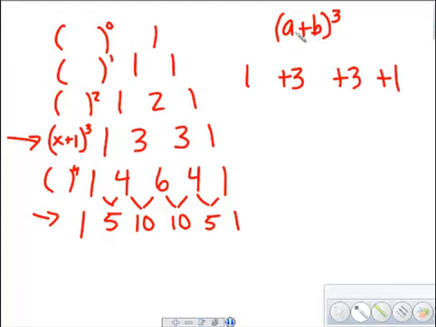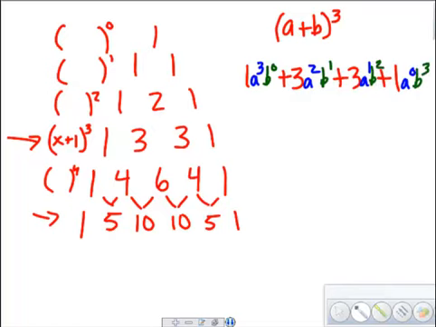And then from there, you would take whatever this is and raise it to that power. So this will be a to the third. And then you would go in descending order from here. So a to the second, then a to the first, then a to the 0. And then you would look at the second term, which is the b, and you would increase from 0 and up. So you'd go b to the 0, b to the first, b to the second, b to the third.